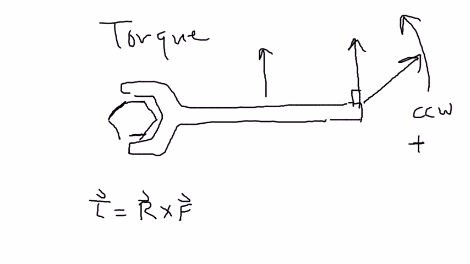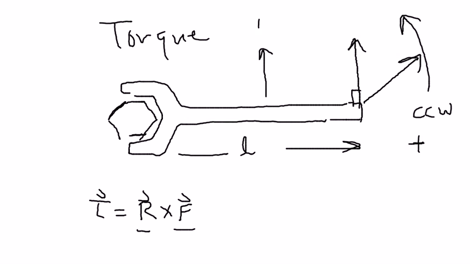Or really, which one is going to tend to twist the wrench the most, or allow us to apply the greatest leverage? There are two things that go into this torque equation. One is the radius. In this case, the radius would be the length of the wrench. And then the force.